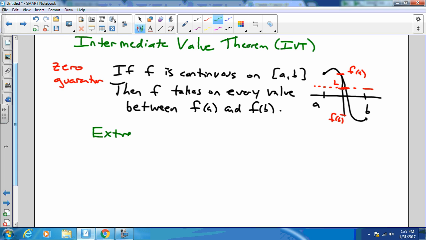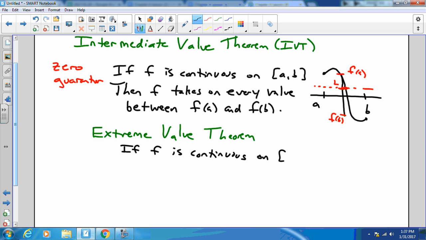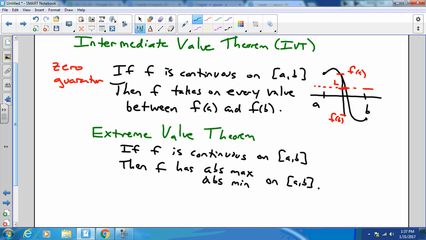Our second was the extreme value theorem. If f is continuous on a to b, then f has an absolute max and an absolute min on a to b.